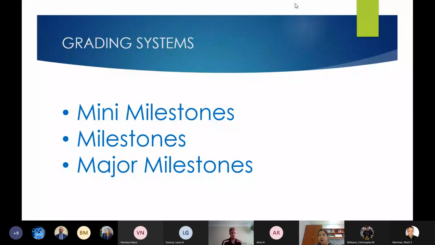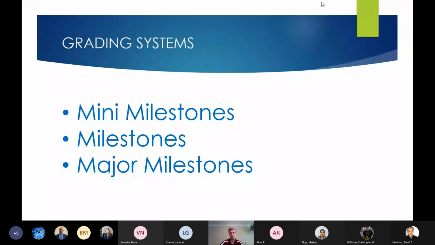And then the major milestones would be maybe the summative assessments, tests taken via On Track or AP Classroom. And again, this is something that depends from class to class.